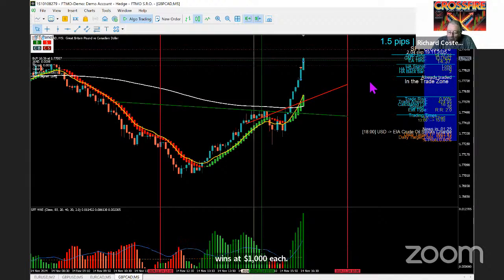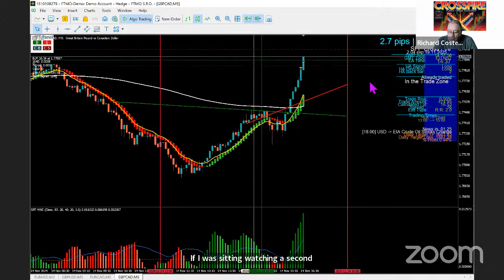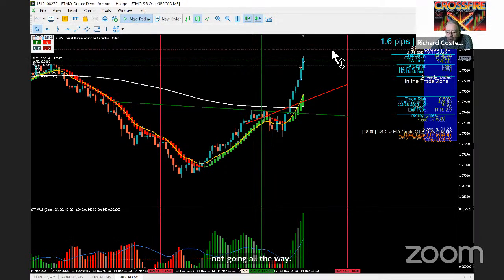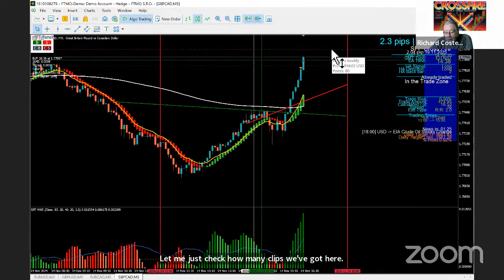If I was sitting watching a second trade and I'd already banked $1,000, I might consider getting out if it showed signs of not going all the way. Let me just check how many pips we've got here. That target would give me 8 pips.